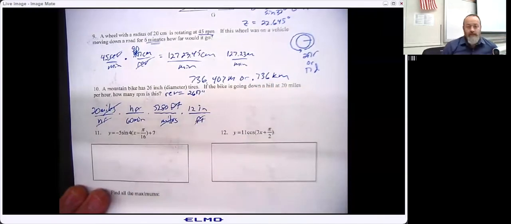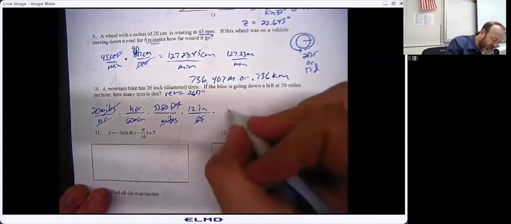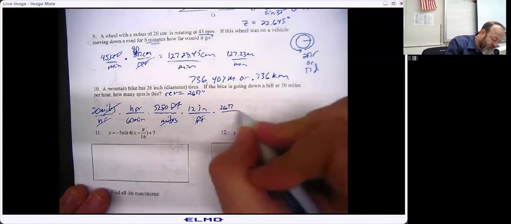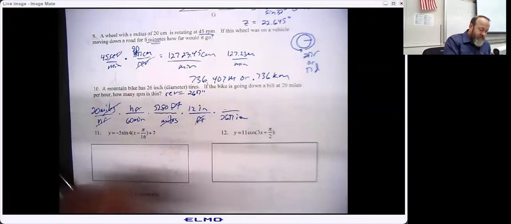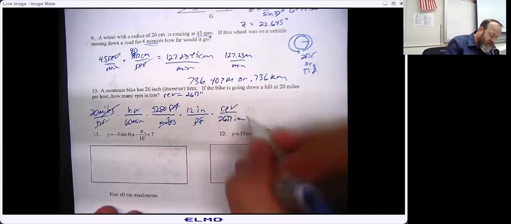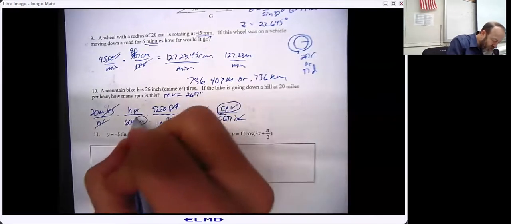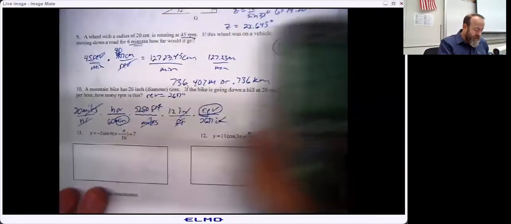So now I'm down to inches per minute, but I don't want inches per minute. I want revolutions per minute. So what I'm going to do is I want to make this thing 26 pi inches is a revolution. And if you look through all of the units, all that is left here is revolutions, and all that is left here is inches, and that's going to be my answer.